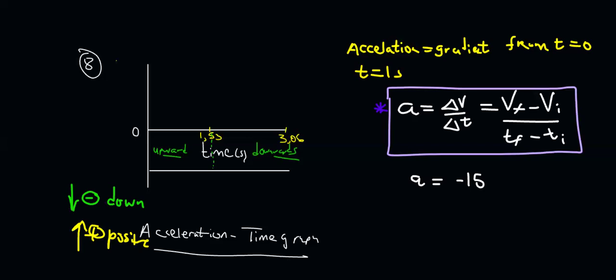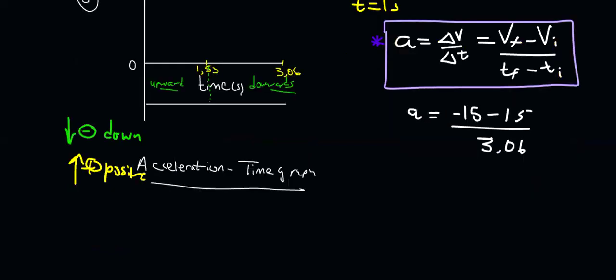Then we divide by the changing time. The entire changing time is this one here, 3,06 seconds. So acceleration is equal to negative 15 minus 15, which gives you negative 30, all over 3,06 seconds.